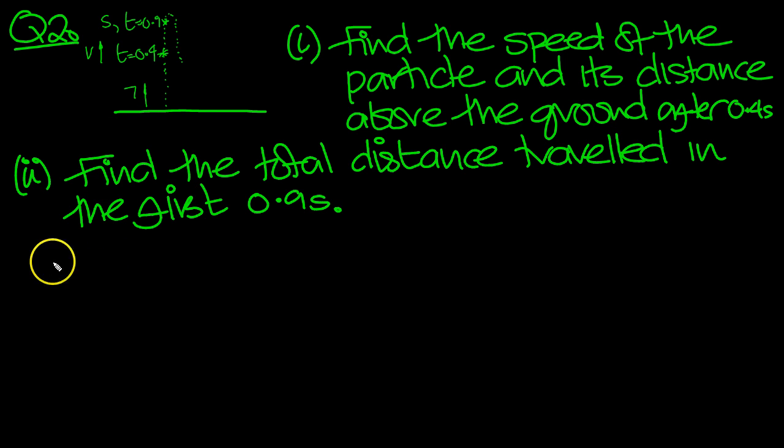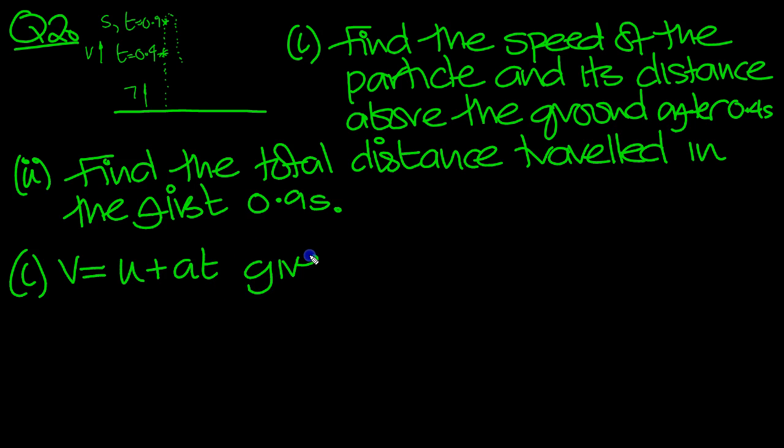Okay, so we've got v equals u plus at, haven't we? So let's have a look at that one then. This velocity will equal the initial velocity. So the velocity is equal to the initial velocity, which is 7, plus the acceleration, which is minus g, times the time, which we know is 0.4.